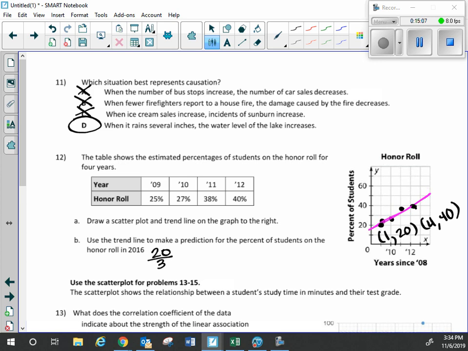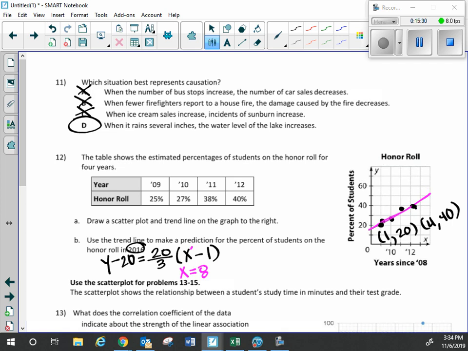Okay, and my y-intercept is about, I'll just use point slope. So y minus 20 equals 20 thirds times x minus 1. In 2016, that would mean that x is equal to 8.